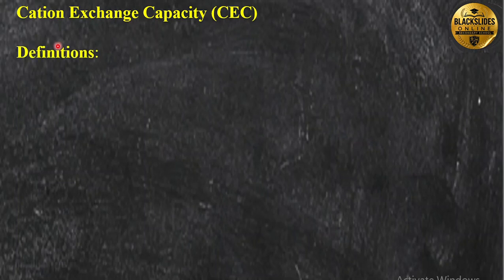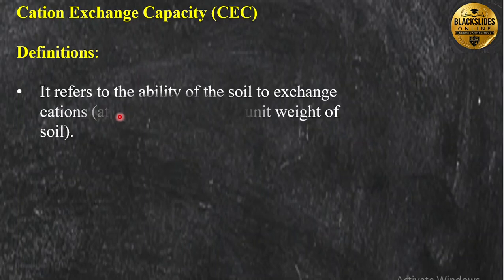Let's quickly go to definitions of cation exchange capacity. We shall define cation exchange capacity as the ability of the soil sample to exchange cations at a given pH and per unit weight of the soil.